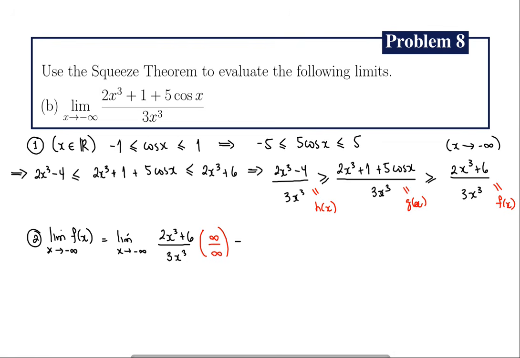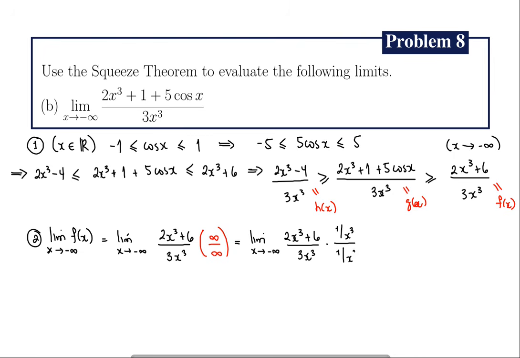Tapos, remember, ano ginagawa natin dito? Kapag infinity over infinity, di ba we're introducing something? We're multiplying something actually. Okay? So, we're multiplying 1 over x raised to the degree of the denominator. So, meron ka ditong 1 over x cubed.